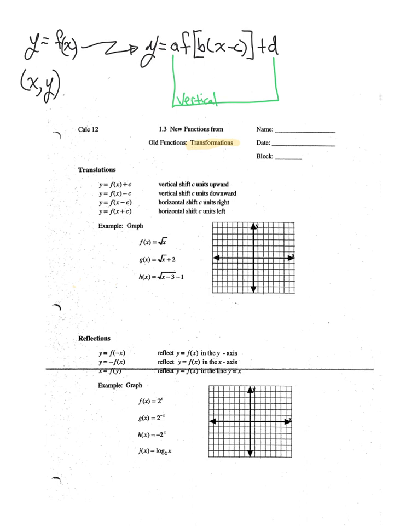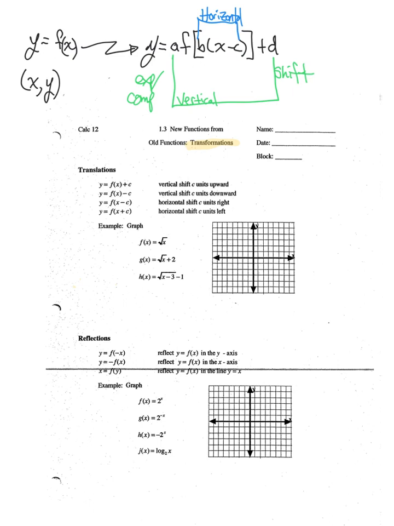The d will shift it up or down, and the a will expand if it's bigger than 1, or compress if it's a proper fraction, and reflect it if it's negative. Inside the function, the b and the c are going to affect the x values, that is the horizontal component of your graph. And similarly, the c is going to shift it left or right.